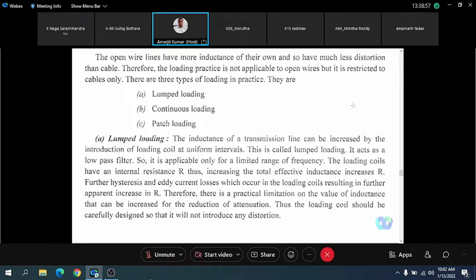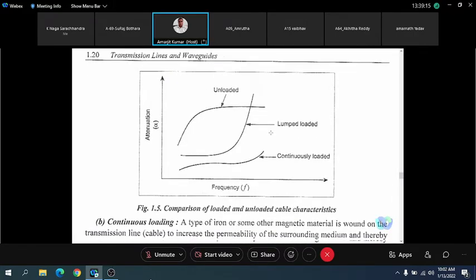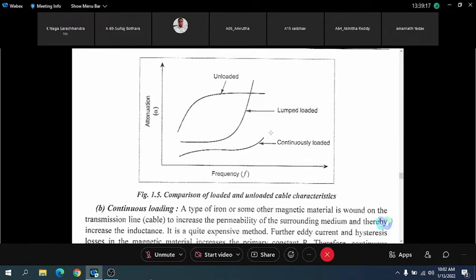For continuous loading, we were using permalloy, a magnetic tape of high permeability, a type of iron or some other magnetic material, like a steel tape. This was wound on the telephone cable, a high permeability material in the surrounding medium, and thereby to increase the inductance.